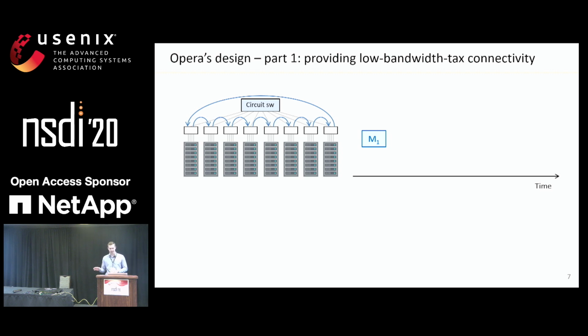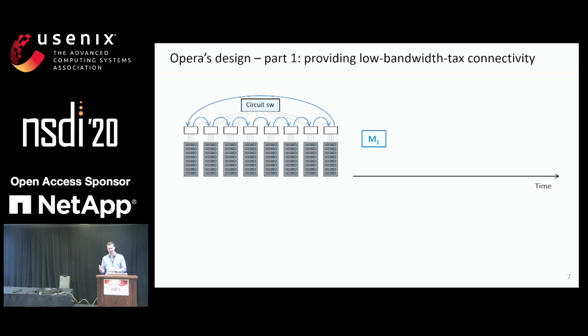I'll define a term here that I'll use for the remainder of the talk called a matching. A matching just means each source rack is connected to a single destination rack. So this connectivity shown here in blue is an example of a matching. Now this matching only connects some of the racks together.